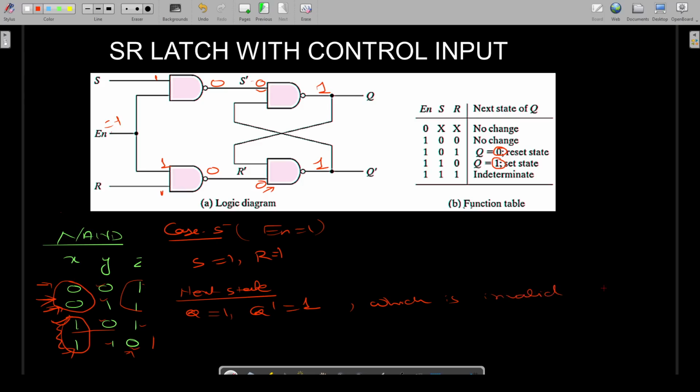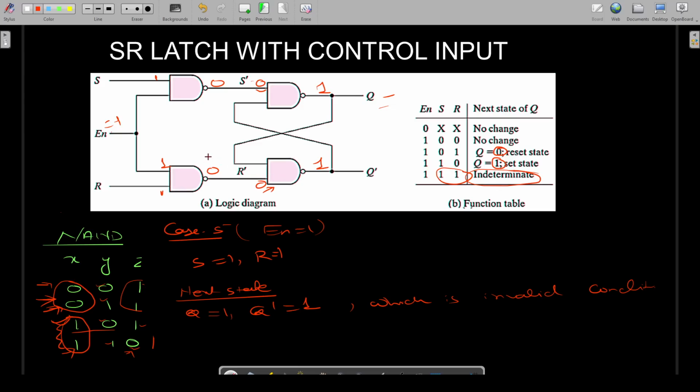We call this invalid condition or indeterminate condition. If both the inputs S and R become 1, then the output cannot be determined, because it is not a valid output. Whatever the previous value, it doesn't matter. Both outputs will be 1. And this case is never used in SR latch or flip flop that we are going to read later.